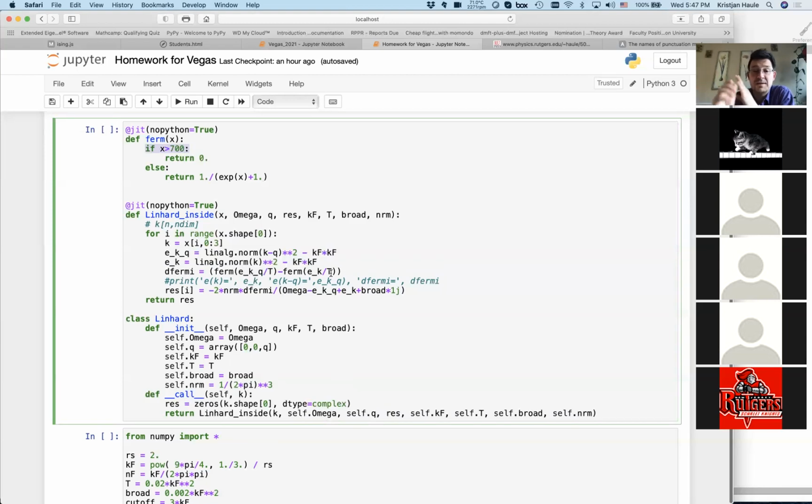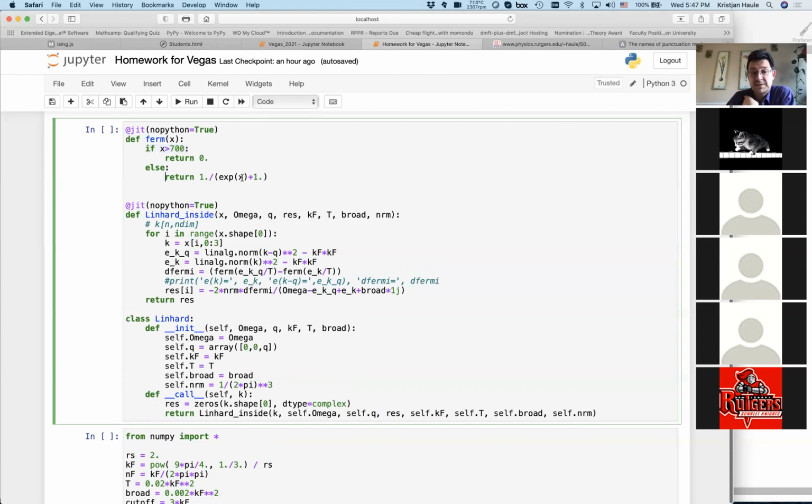It happens all the time, and we can get an overflow. So it's actually very common to get an overflow when you calculate the Fermi function. Therefore, we need to make sure that if the value of the argument is way bigger than 700, which is the limit on which you can calculate the exponent, then we need to immediately return 0.